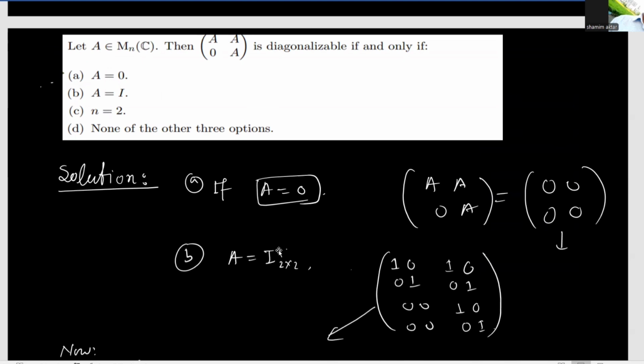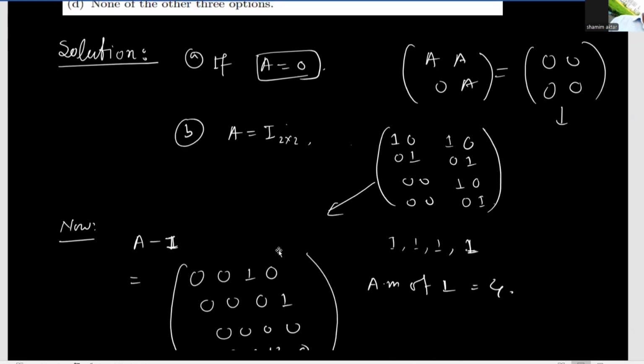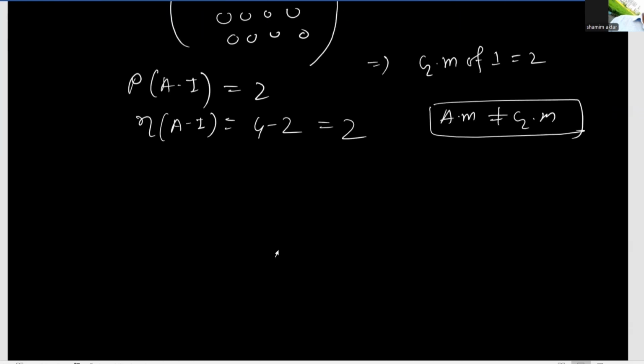Already we discussed this; now prove it in general. So we prove this result for n equal to 2. A is a 2 cross 2 matrix.